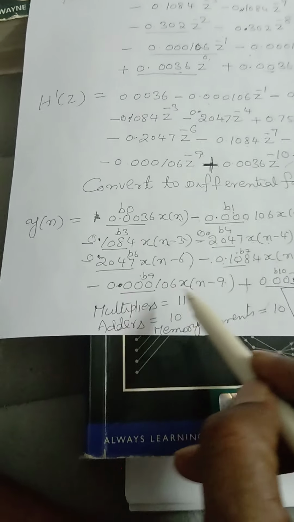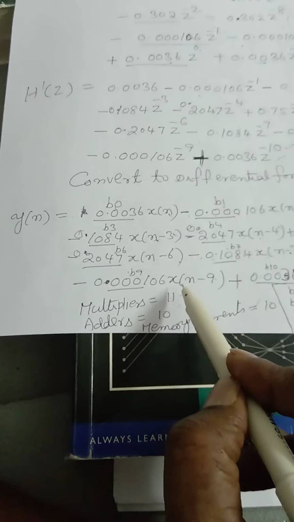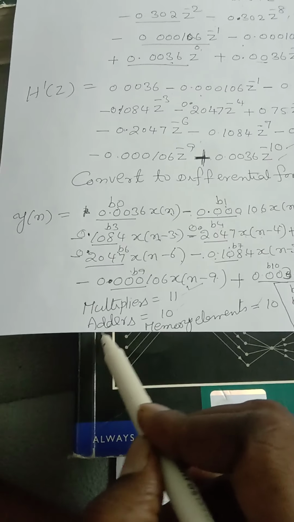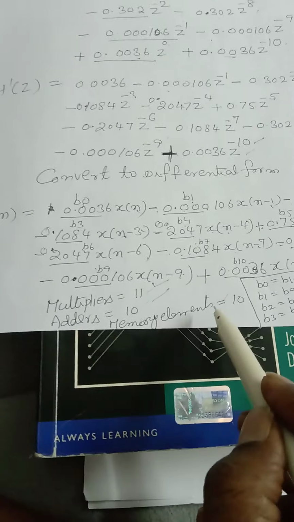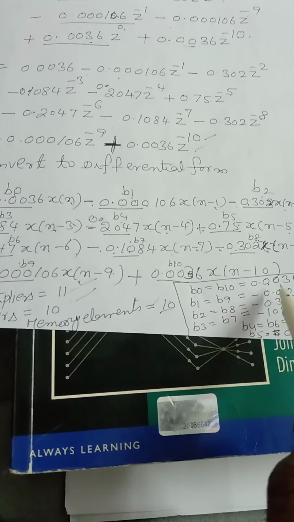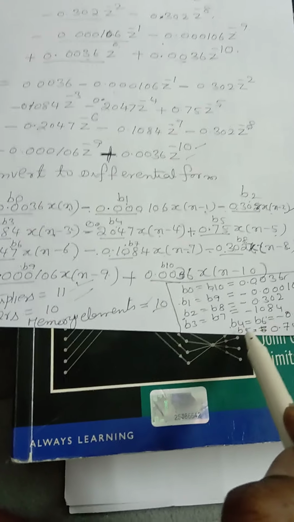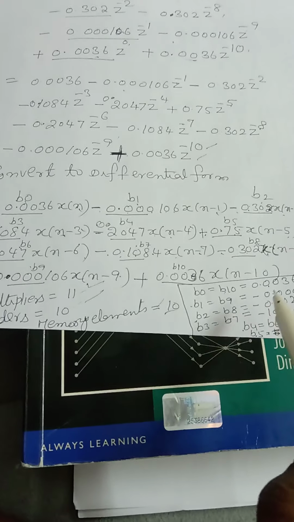Now from the above difference equation, we observed that the number of multipliers is equal to 11, the number of adders is equal to 10, and the number of memory elements is equal to 10. Then you see the symmetry: B0 is equal to B10 is equal to 0.0036. Then B1 is equal to B9, B2 is equal to B8, B3 is equal to B7, B4 is equal to B6, B5 is equal to 0.75. These are the final filter coefficients.